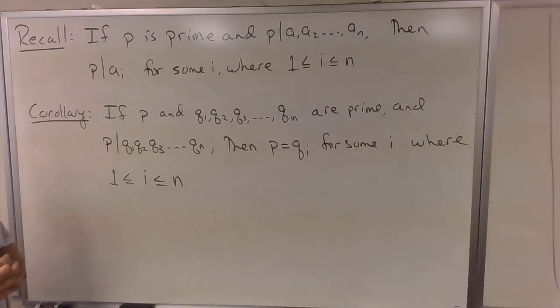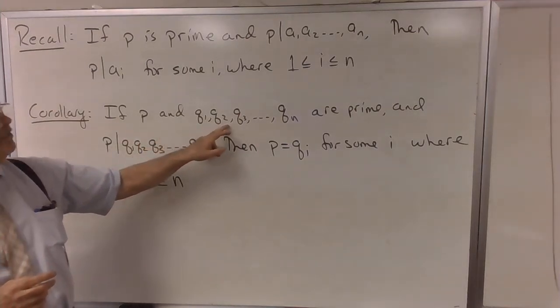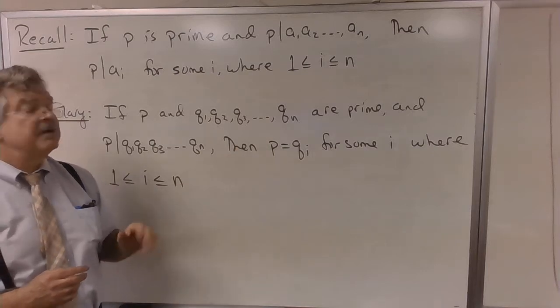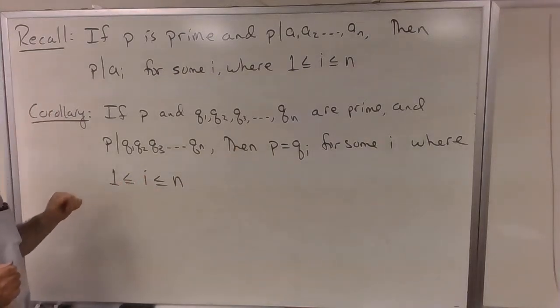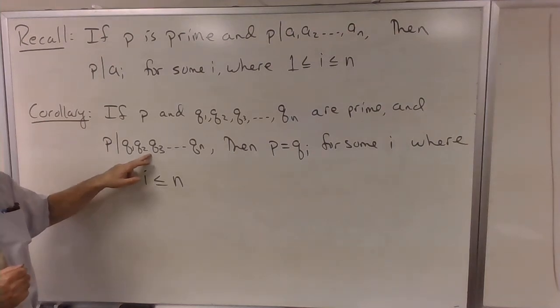Now, let's look at this. P is prime, and Q1, Q2, Qn are prime. If P divides the product of prime numbers, well, let's see.